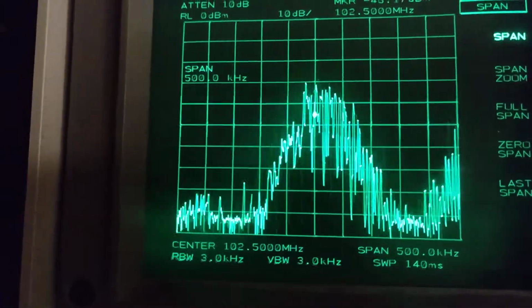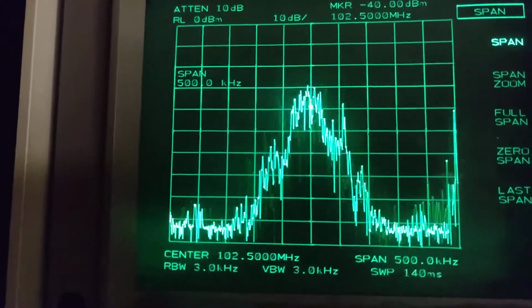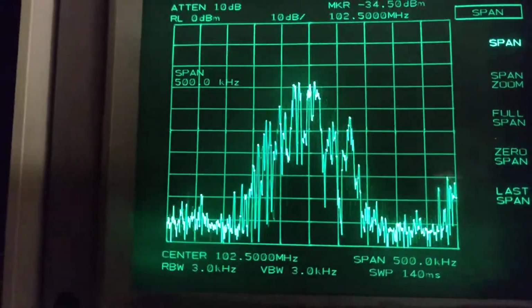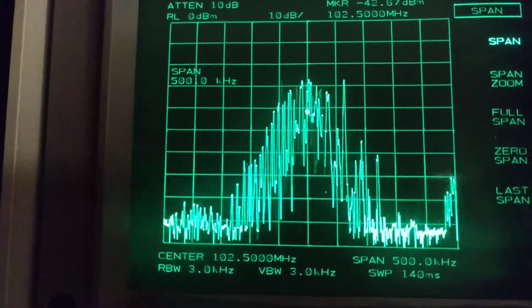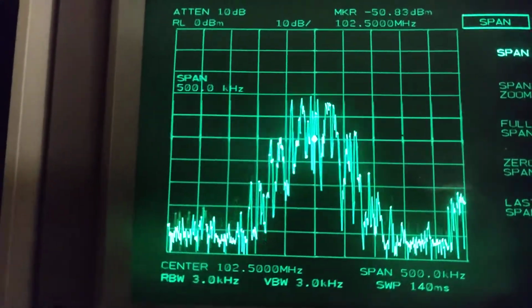And so, if you see the signal with an oscilloscope, you will see that the peak-to-peak value is always the same.